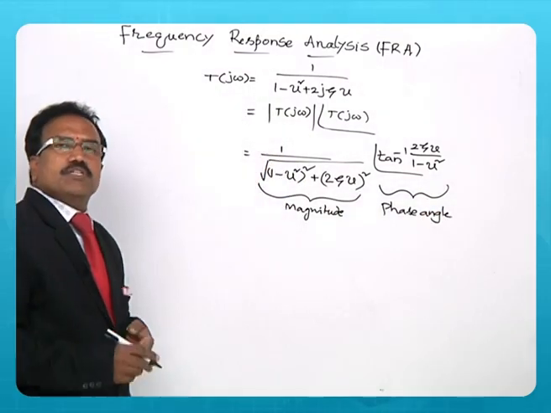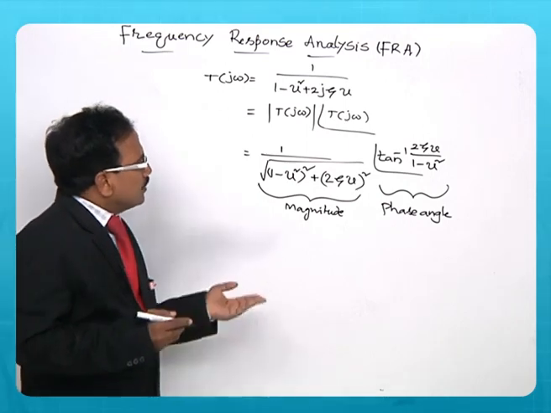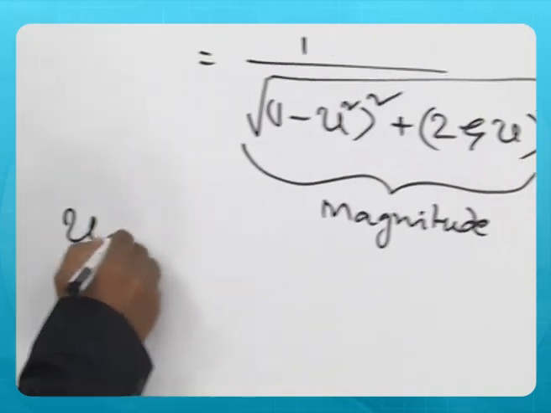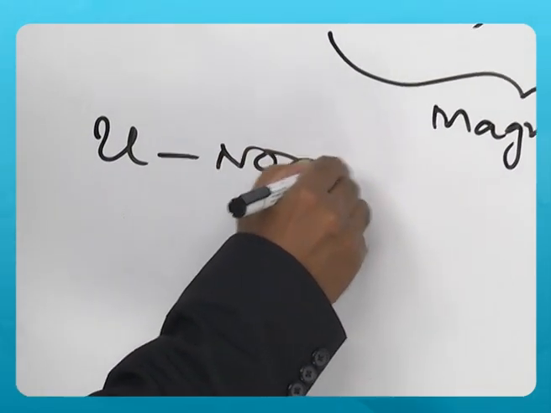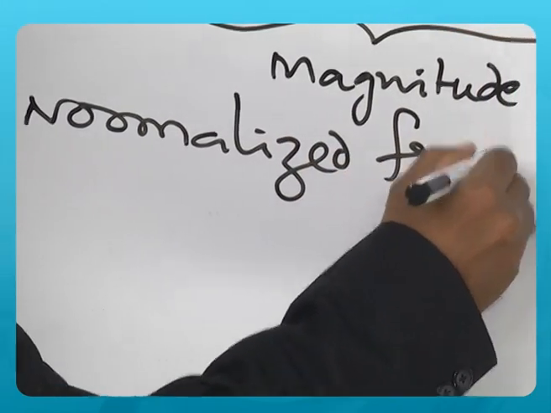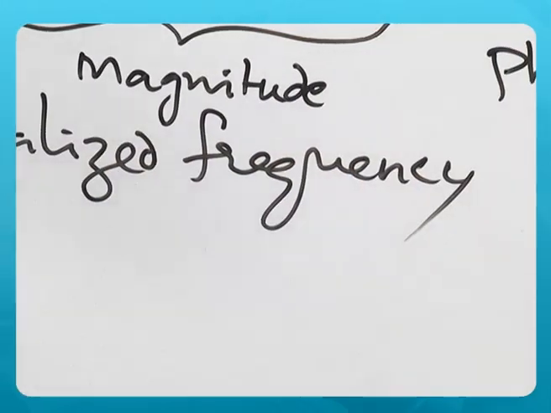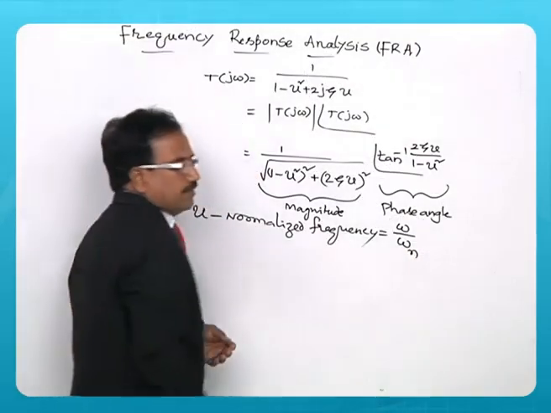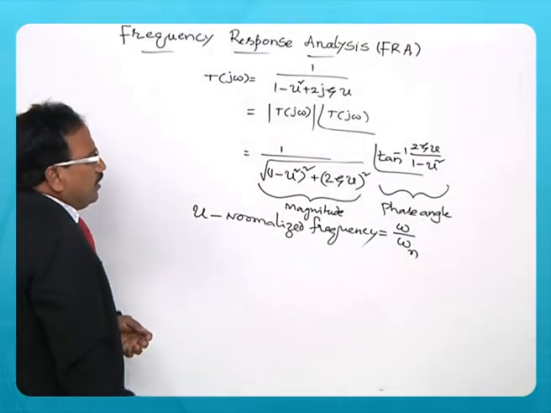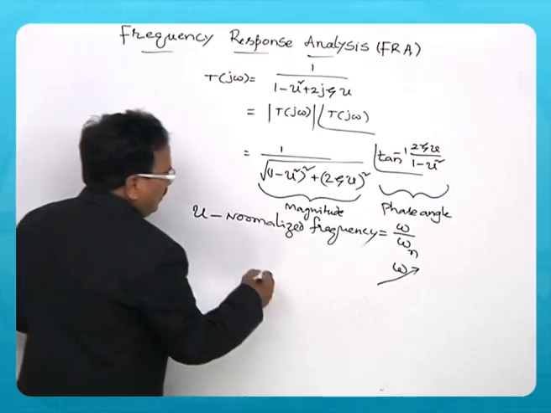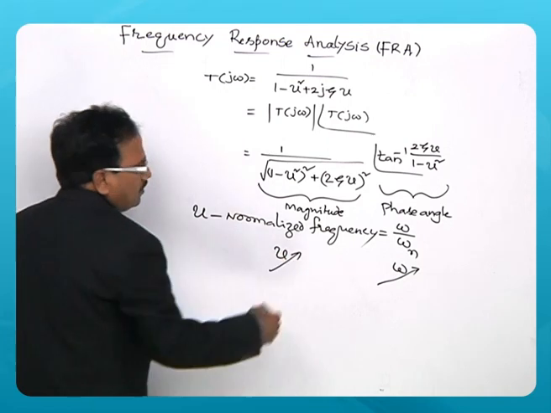So throughout frequency response analysis, we look at how this magnitude and phase angle vary with u as a normalized frequency. I said normalized signal frequency is nothing but omega by omega n. So varying omega is nothing but varying u.